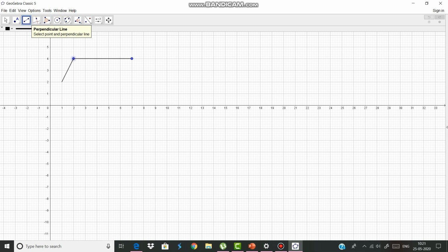The first one is the parallelogram. So a parallelogram is going to look like this. Rectangle looks like this. Square looks like this.